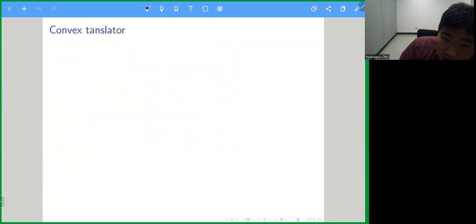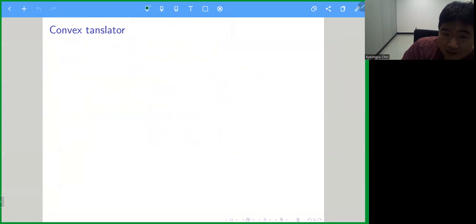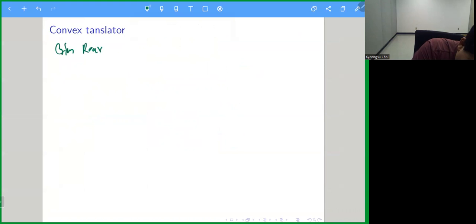And actually, we are considering the convex case. So let me quickly give some examples of convex translators, which are convex ancient solutions. First of all, the grim reaper in R2. The grim reaper curve is a kind of one-dimensional version of the solution.